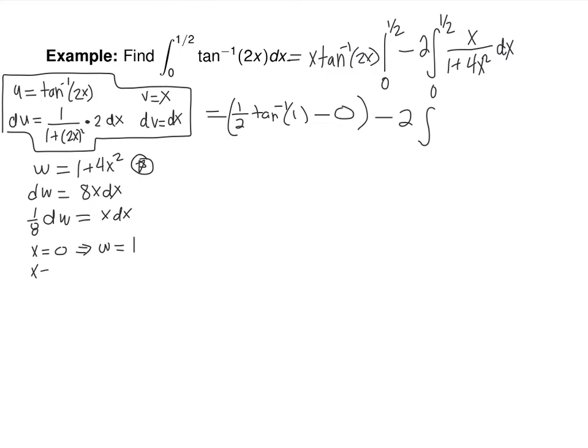And if x is 1/2, w is 1 plus 4 times 1/2 squared. Since 1/2 squared is a quarter, and 4 times 1/4 is 1, 1 plus 1 gives us w is 2 in that case. So the bounds change to 1 to 2, 1 over w dw, and don't forget about the whole over 8.